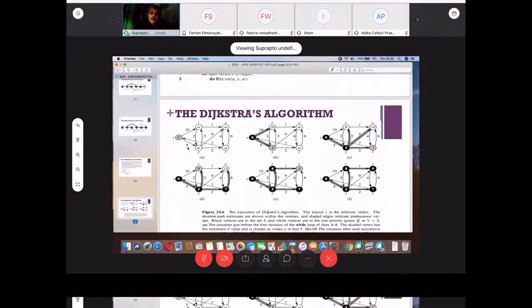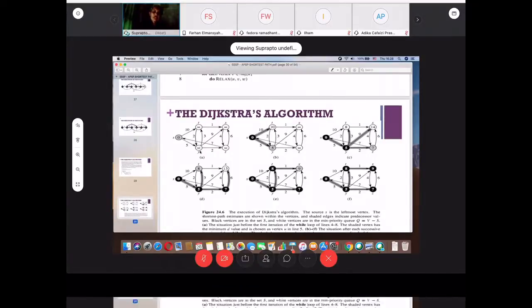Okay, and now starting the relaxation, extracting min from the Q, S is extracted, and then its adjacent vertices are T and Y, right?